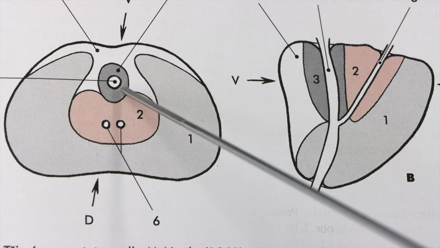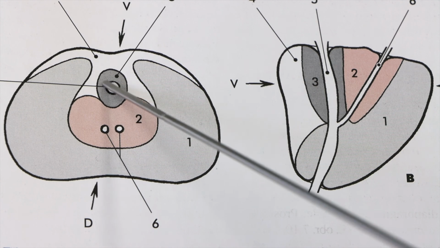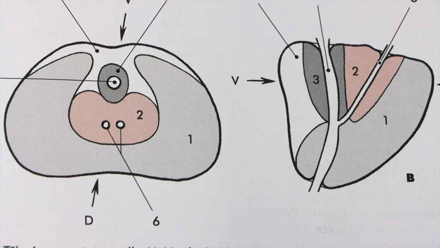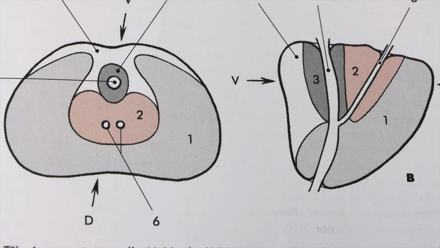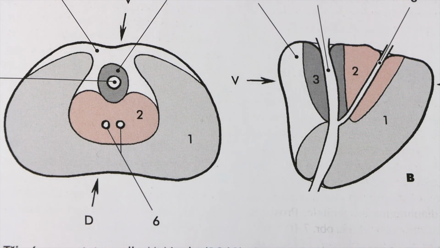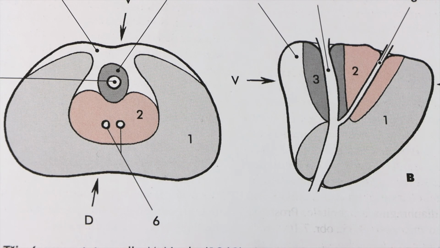Here it's the urethra, so this is the prostatic part of the urethra, and here is the place of the isthmus, the prostatic isthmus. This area that is around the urethra contains the mucous glands, and it is located exactly around the urethra in the cranial 2/3 of the prostate above the colliculus seminalis.